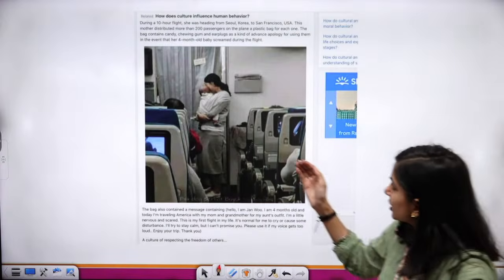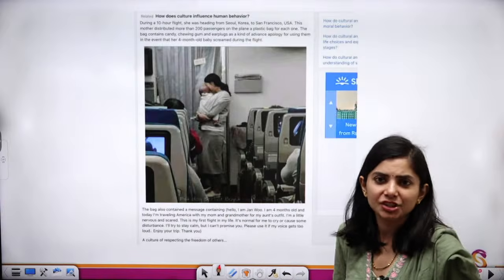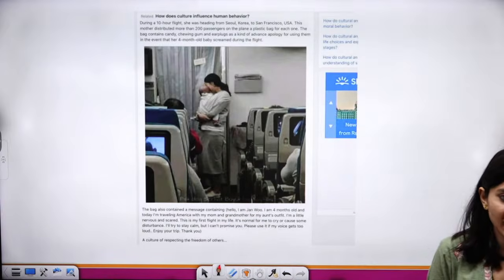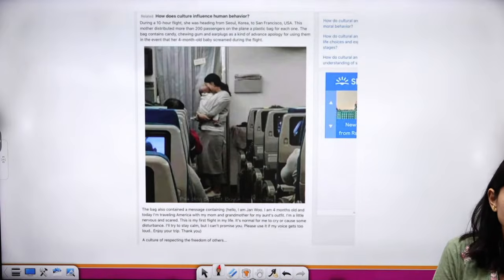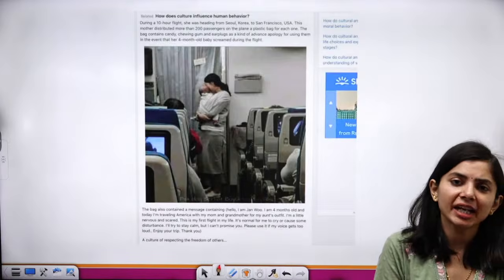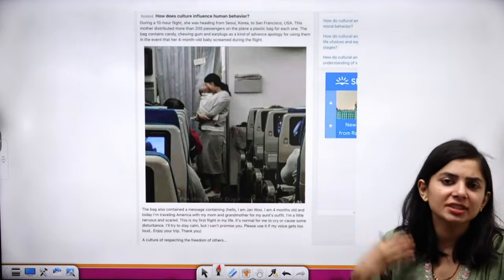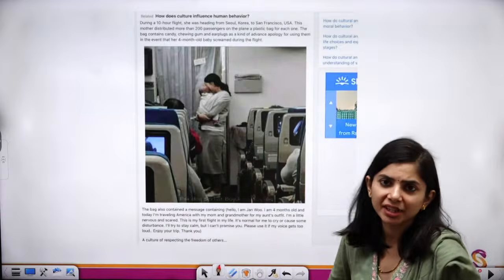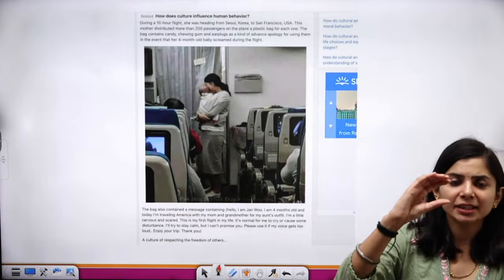Here one mother was having a child, and they were traveling by aeroplane for the very first time. In the aeroplane the child may cry, so before starting the flight, the mother created pouches.